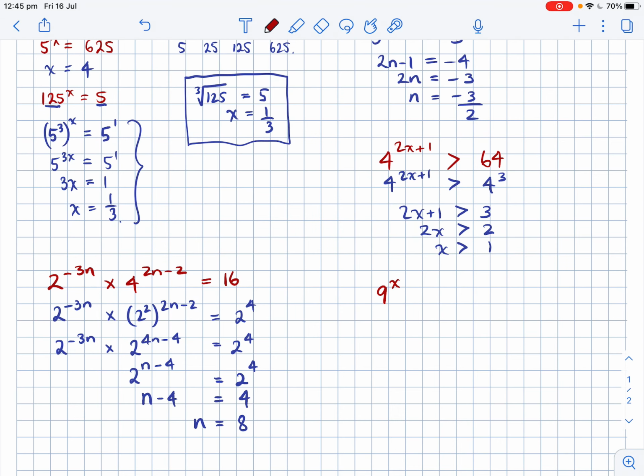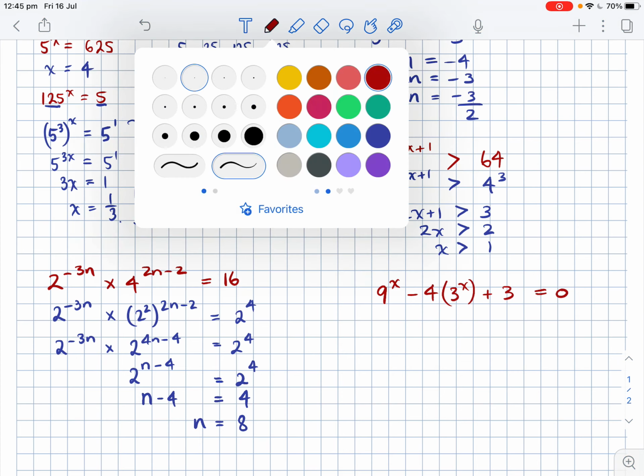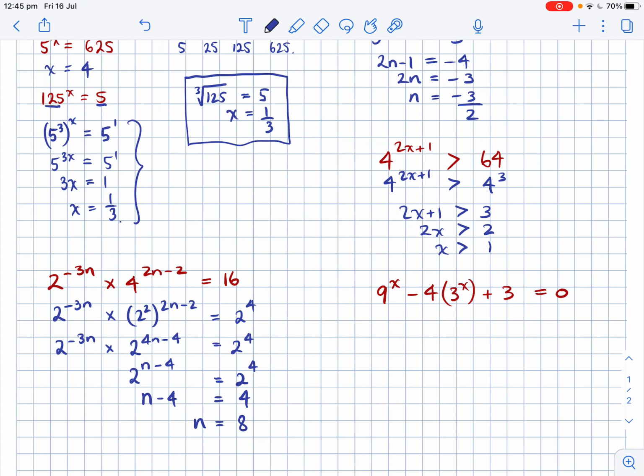Okay, my next problem, I'm going to start off the same way, but this problem takes a little bit of a turn. So, same idea as before, let's get them to have the same base. So this is 3 squared to the power of x minus 4 times 3 to the power of x plus 3.